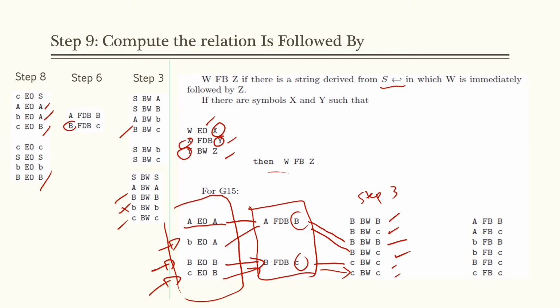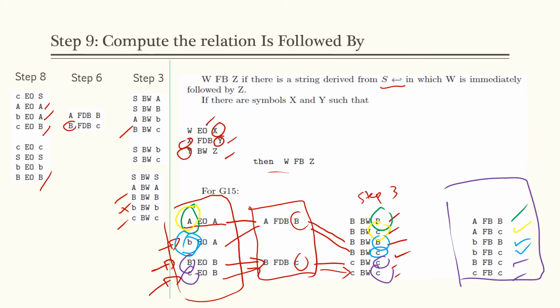So the first, A followed by B. For the second one, A followed by C. For the third one, it is B and B. The fourth one is again B and C. Next one is B with C. And the last one C with C. So this is the output for step number 9 followed by.